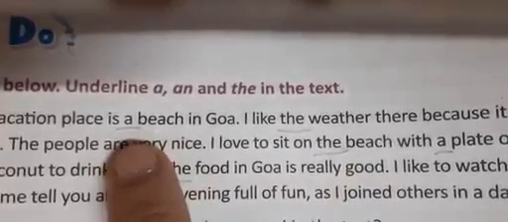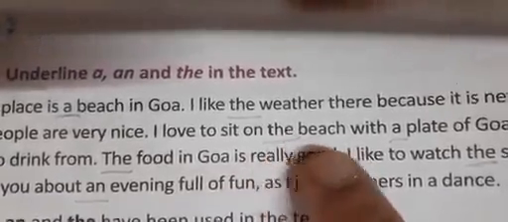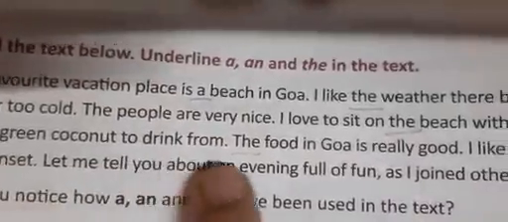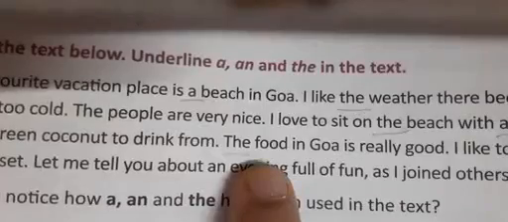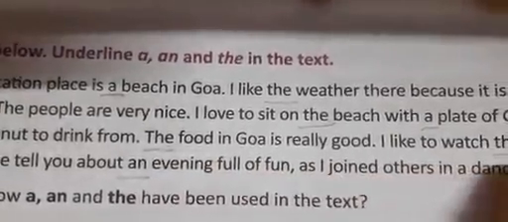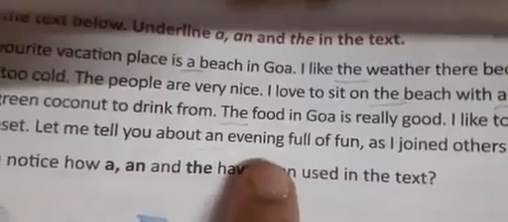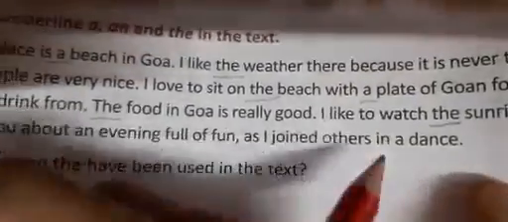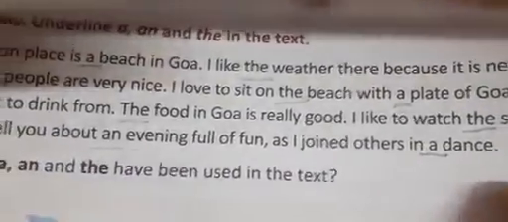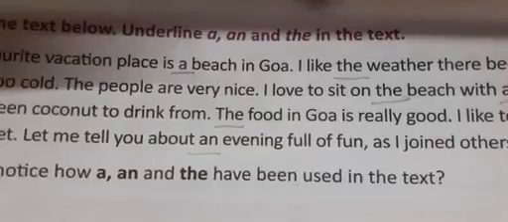When the same word comes a second time, we use the. A plate, a green, the food. The sunrise, the sunset and an evening. A dance. When a thing is repeated in the text, we use a the first time and the the second time.